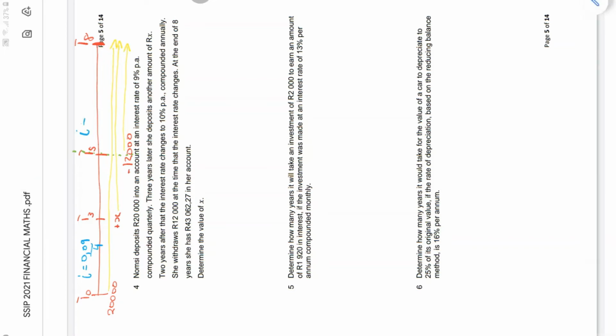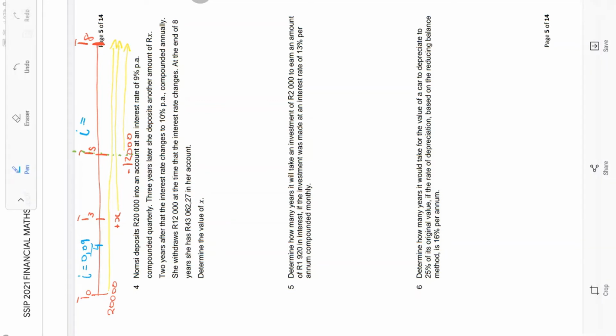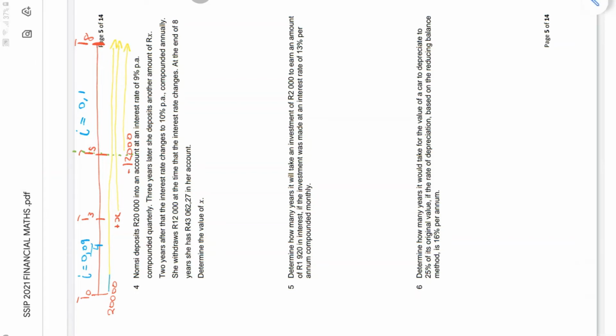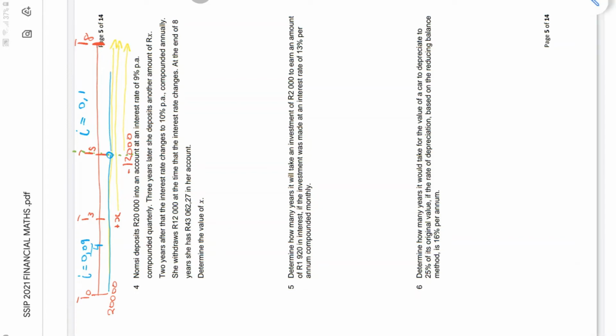Then after that, it changes to 10% compounded annually, so you divide by 1 because there's only 1 year in a year. So what is happening here? The 20,000 first of all grows at an interest rate of 9% quarterly for the first 5 years. Then thereafter, it grows at an interest rate of 10% for the next 3 years.